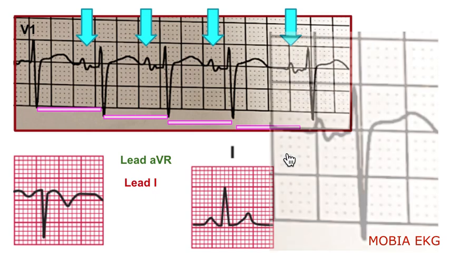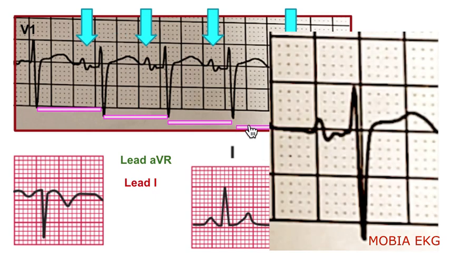If I make a larger picture of one of these, consider again, this is my P wave, QRS, and T wave, and consider this one as the isoelectric line.